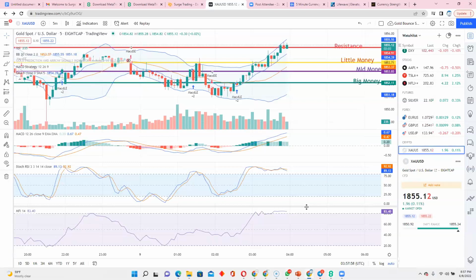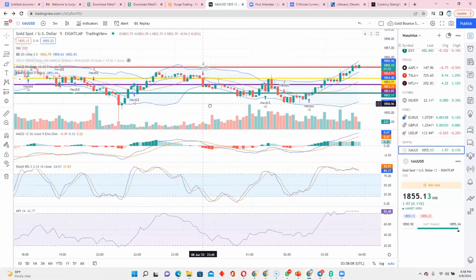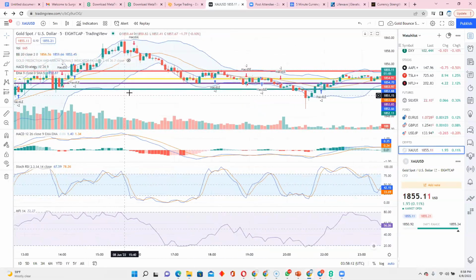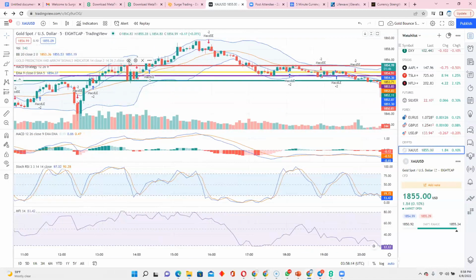And don't do more than like 3 trades at the most right now in gold, because sometimes gold just starts moving really fast. It's definitely going to come back down because what comes up comes down. But look at right here where this thing just kept on shooting up.